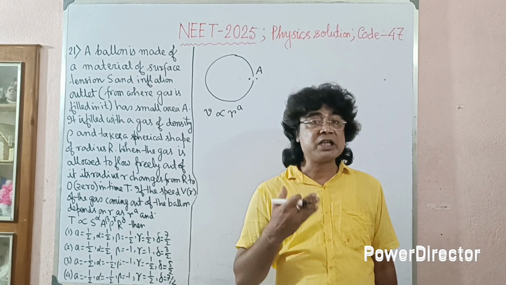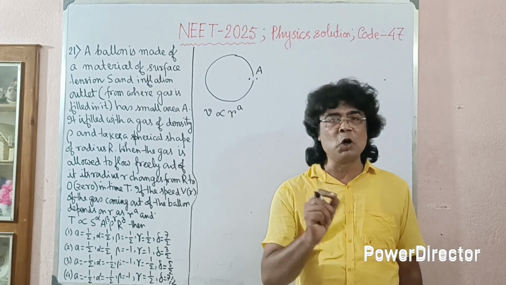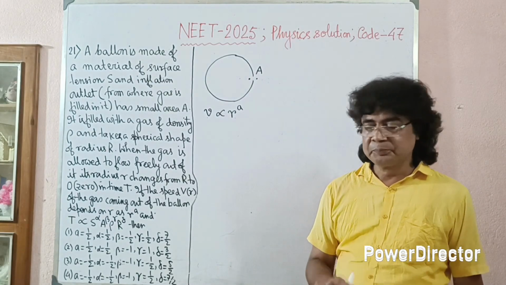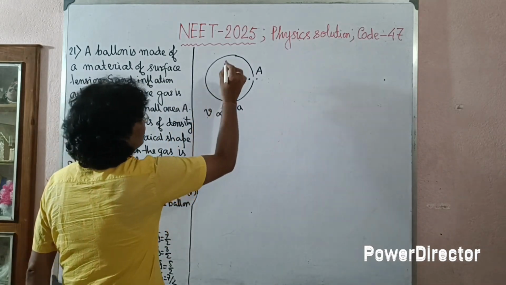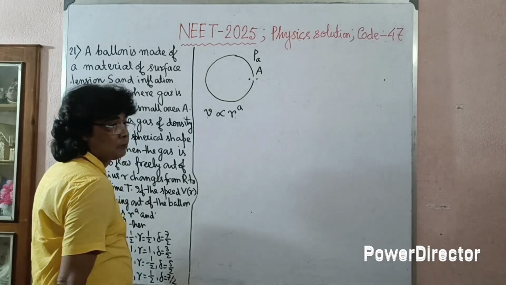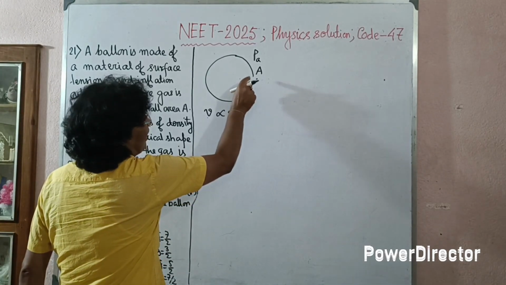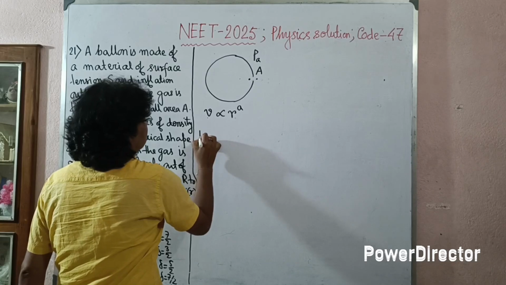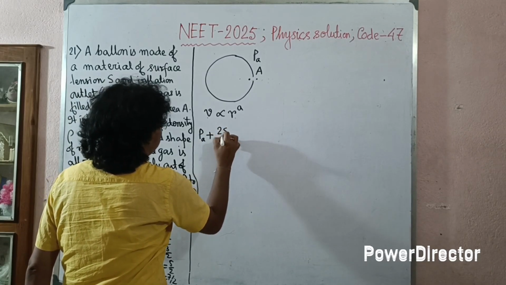Summation of pressure energy and kinetic energy is constant. Suppose atmospheric pressure is PA. So the pressure at that point is PA plus excess pressure.